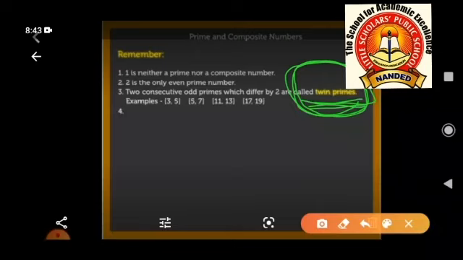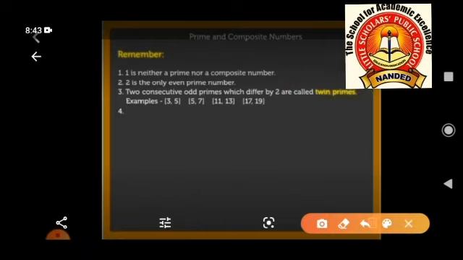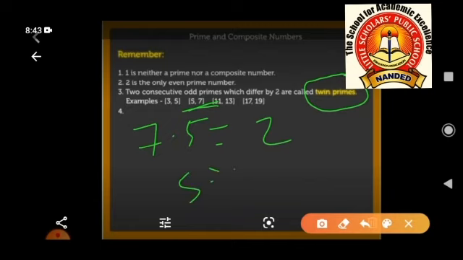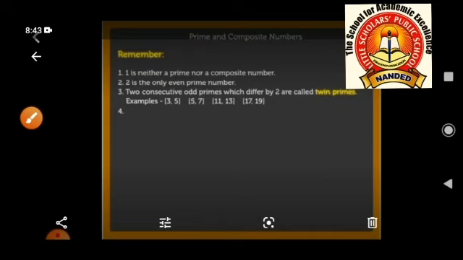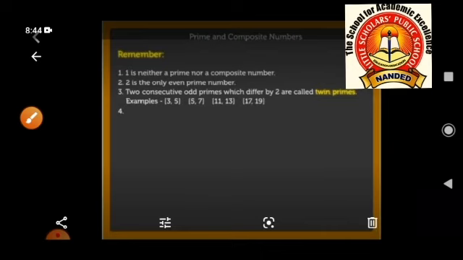If we take 2 numbers, for example 5 and 3, both should be prime numbers. If the difference between them comes to 2, that is, if subtracting the 2 prime numbers gives 2, they are called twin prime numbers. Like here, 7 minus 5 equals 2, and 5 minus 3 equals 2. So this difference should be 2, and these are called twin prime numbers. Getting, students?